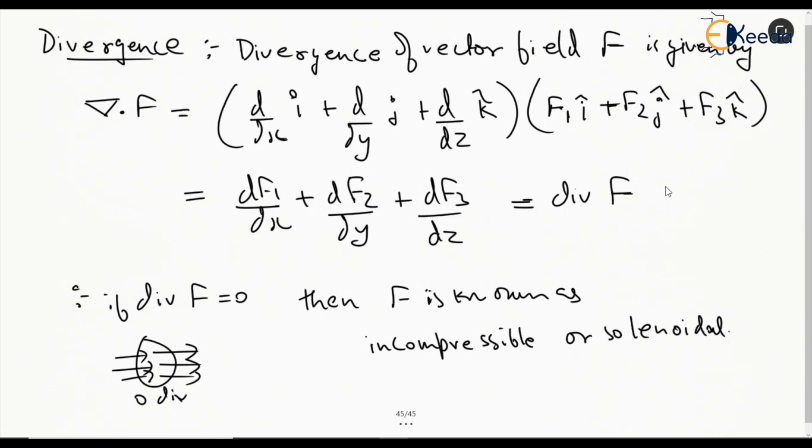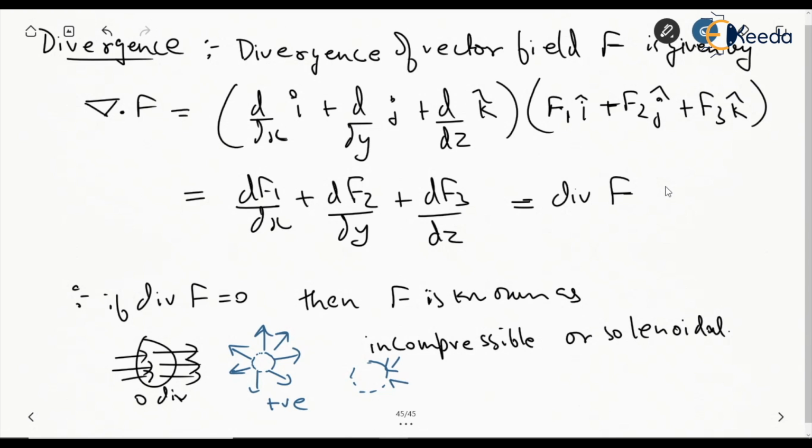In case we want a positive divergence, then it is like field coming out of it. So this is positive divergence. And in case the field is entering into it, then we say it is a negative divergence, right?